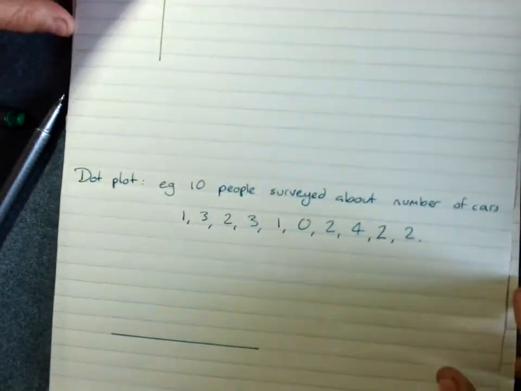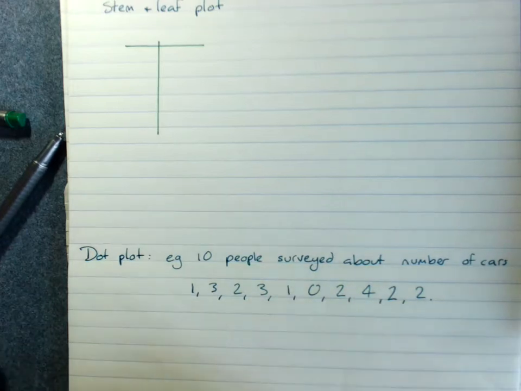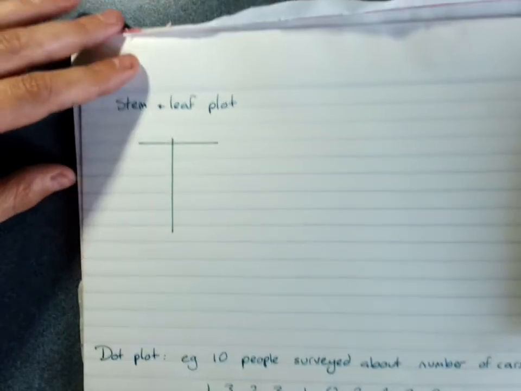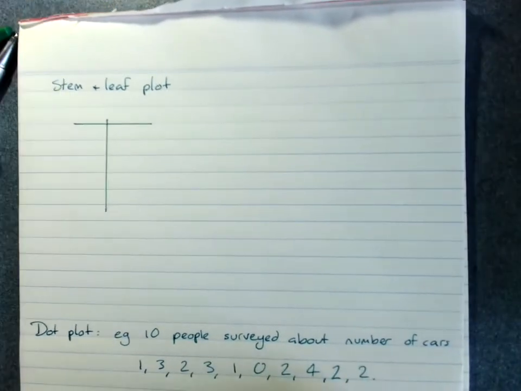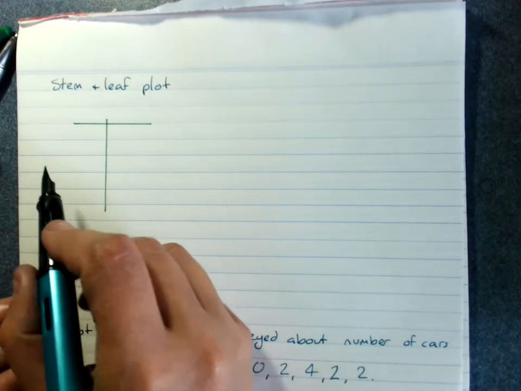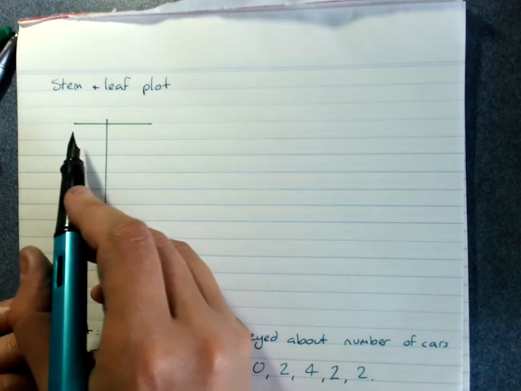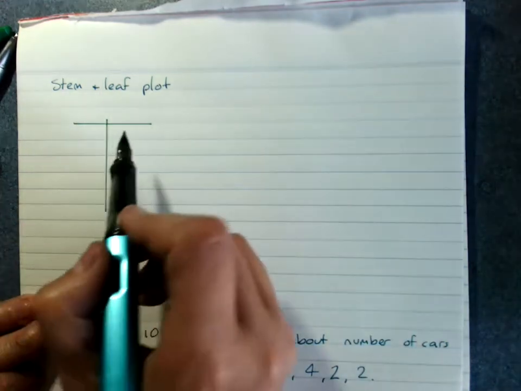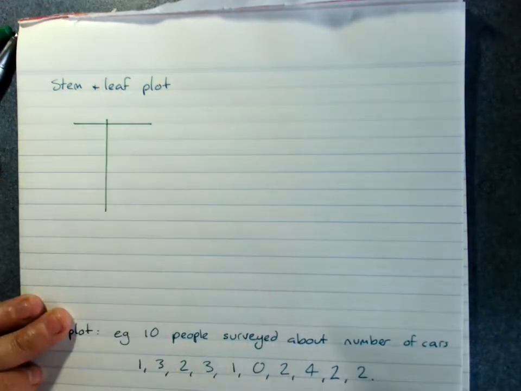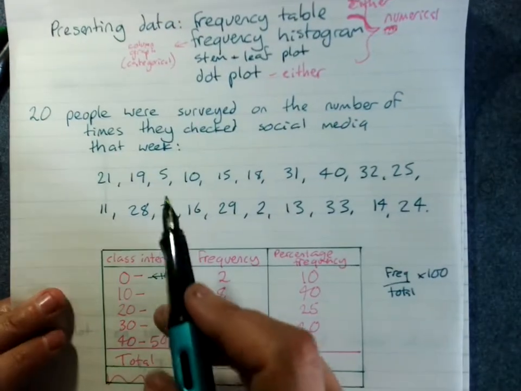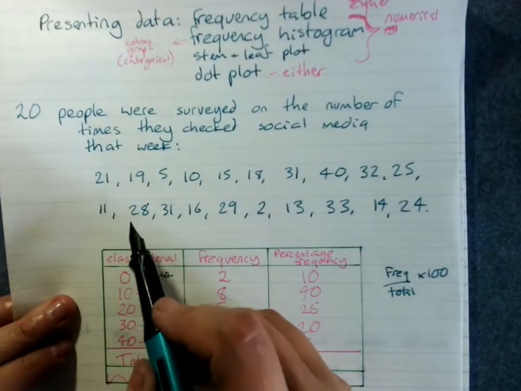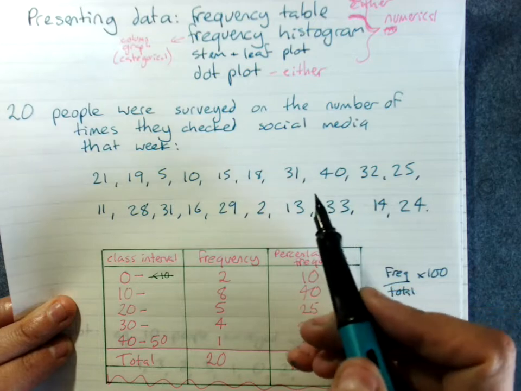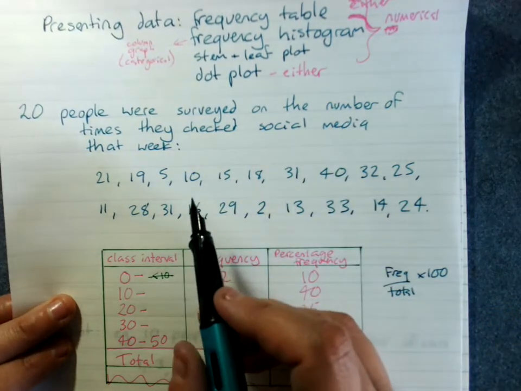With the same data, we should be able to do a stem and leaf plot, and I'll use different data for a dot plot. So again, a stem and leaf plot only works for numerical data. You'll remember this from previous years. Your numbers are split into tens and units, or indeed into the final digit and all the other digits.